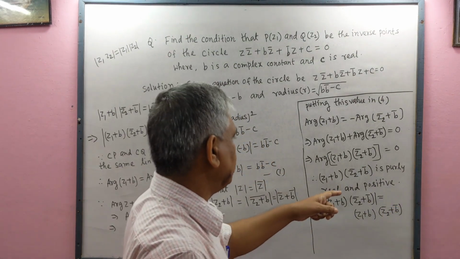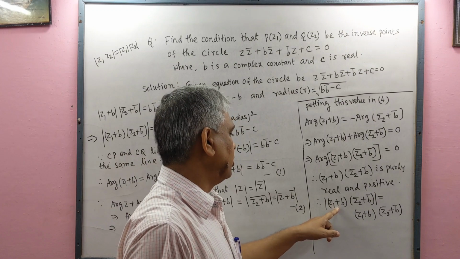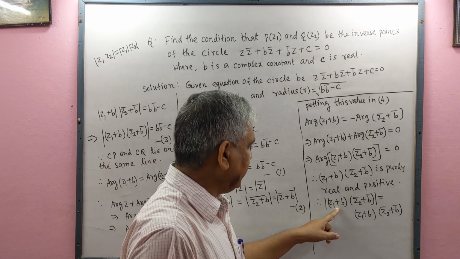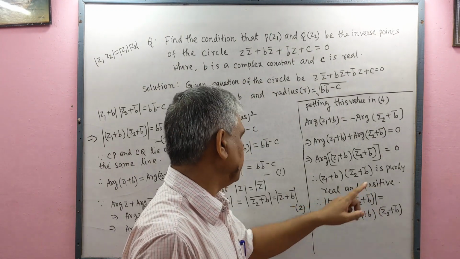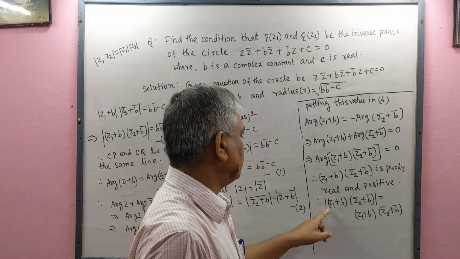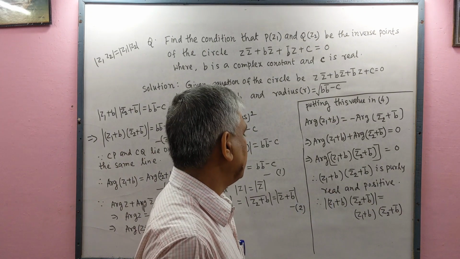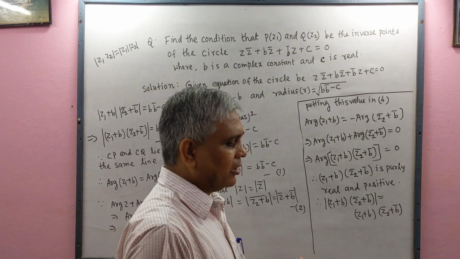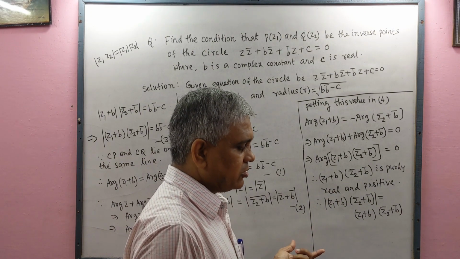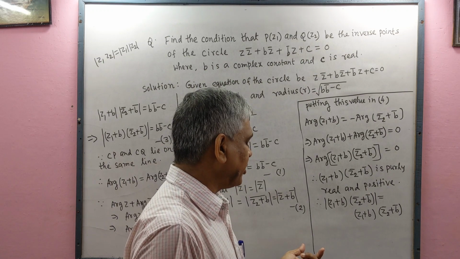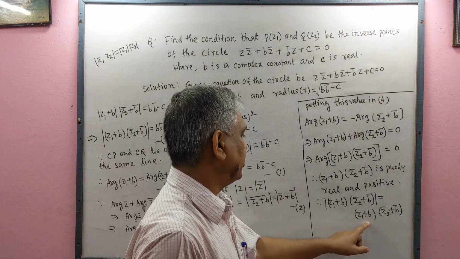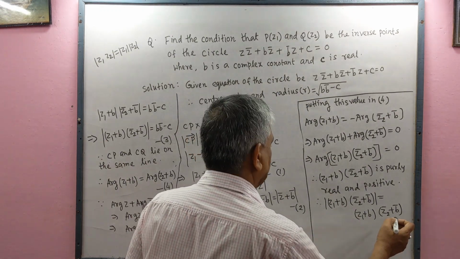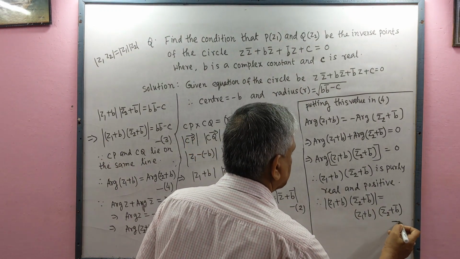As this is purely real and positive, we may remove the modulus, since the modulus of a positive real number is equal to that positive real number. This is number 6.